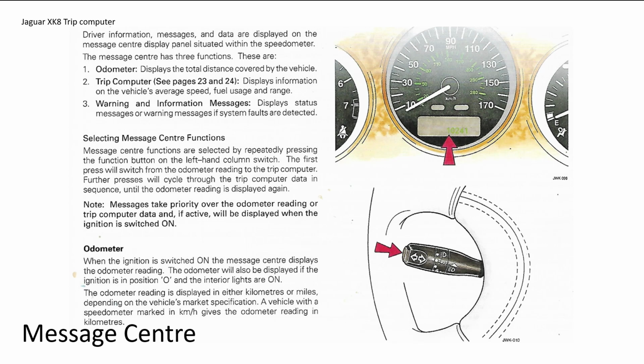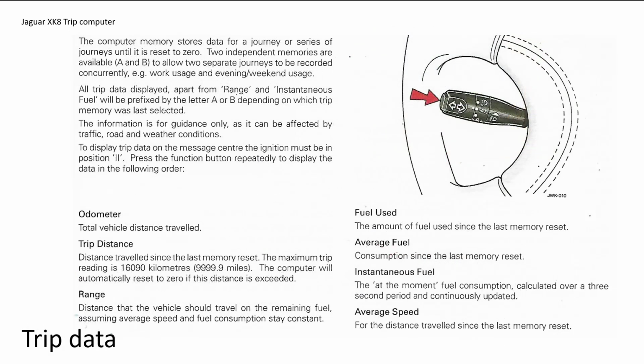That's a bit of a strange one, but there you go. The odometer reading is displayed in either kilometers or miles, depending on the vehicle's market specification. A vehicle with the speedometer marked in kilometers per hour, for example, gives the odometer reading in kilometers. Sounds obvious?